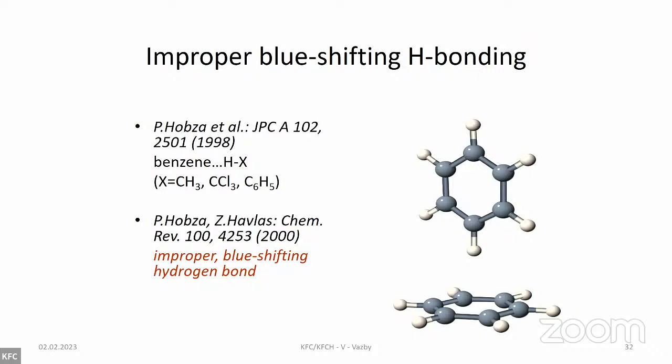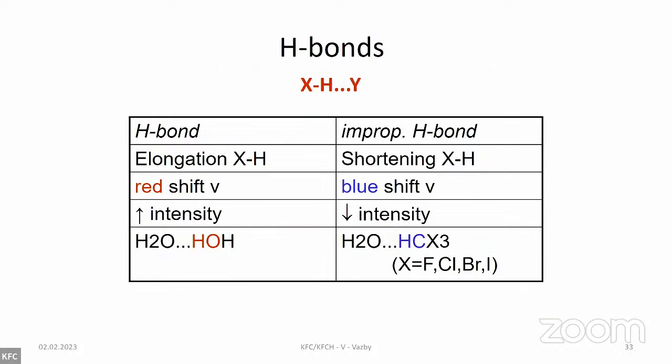Pavel Hobza, one of his contributions was that they found the so-called improper hydrogen bonding, which is not that important for drug design, but it's quite interesting to see. In this case, you will have shortening of the bond towards the original atom, and it is connected with a blue shift and lowering of intensity.